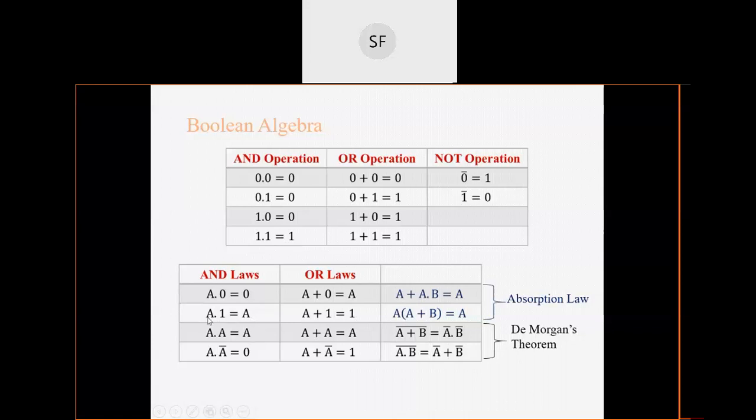So what you are observing here is that the output depends on the value of A, and hence A and 1 will be A. So these are again laws and you should remember all of them. Similarly, the next one: when there is an AND operation between two similar inputs, the output will be that input only. A dot A will be A.